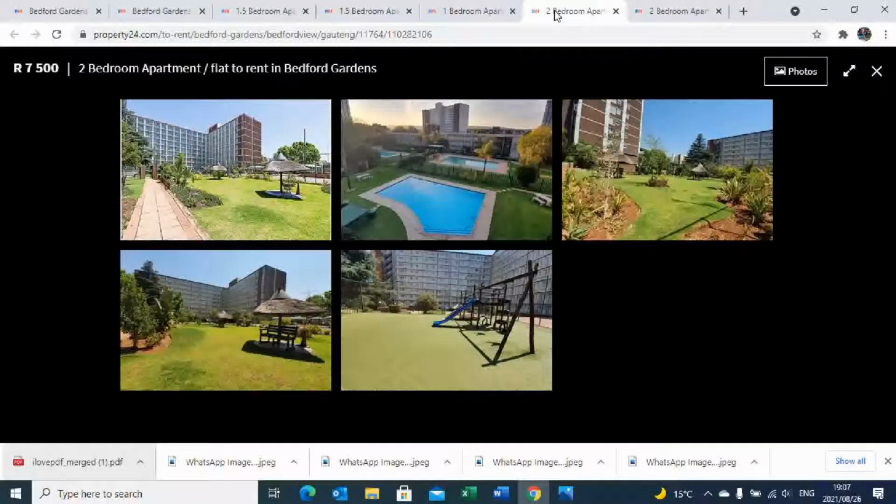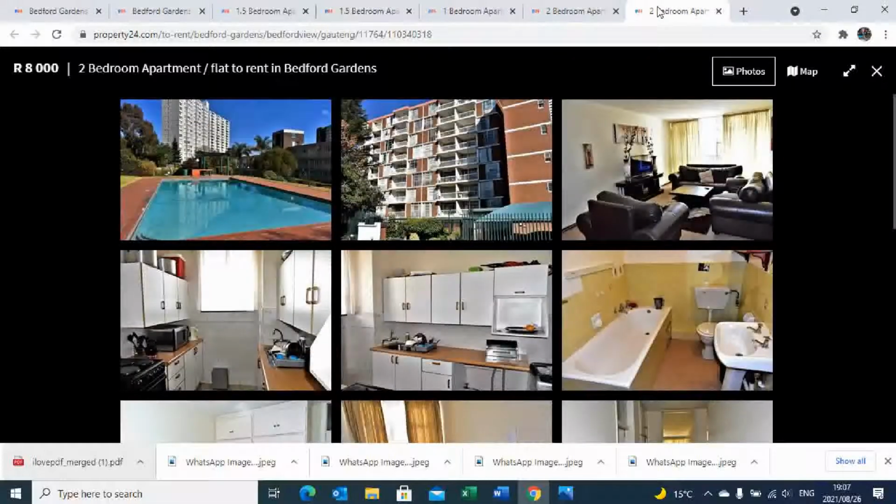Now let's take some samples. We've got a 2 bedroom for 7,005. They didn't give us photos. What else can we get? We have a 2 bedroom for 8,000 rand.